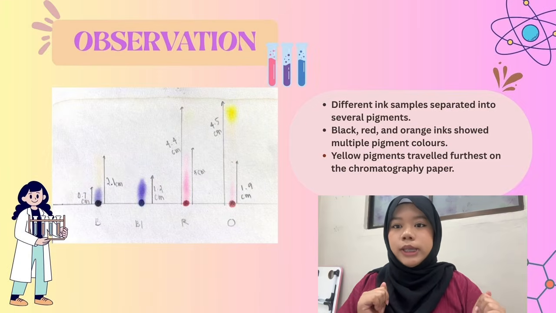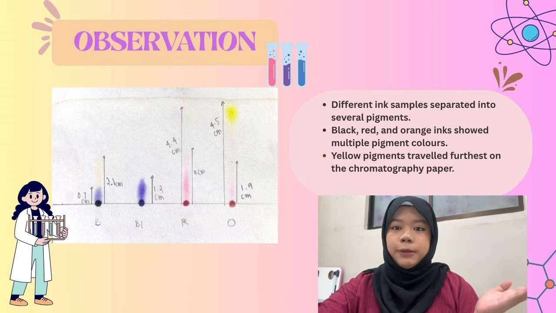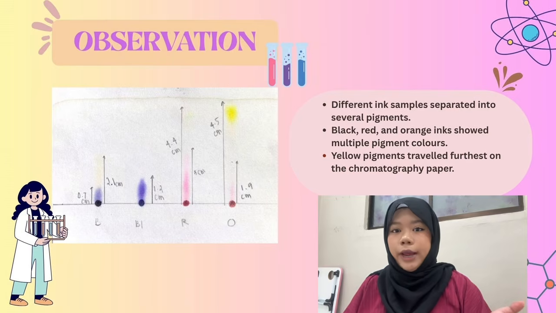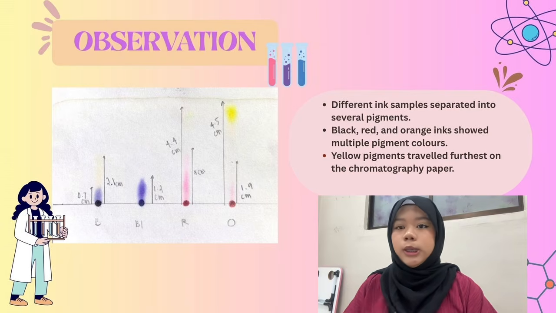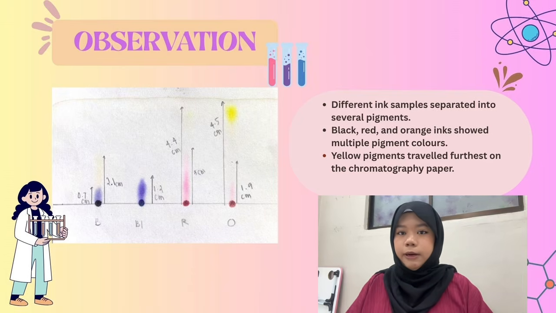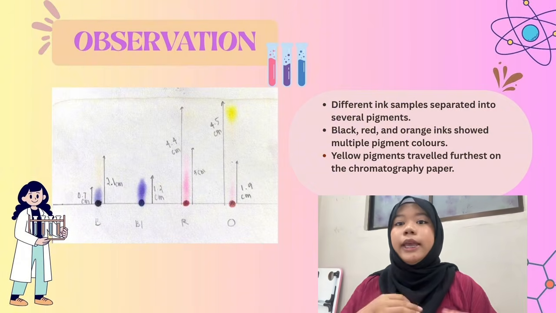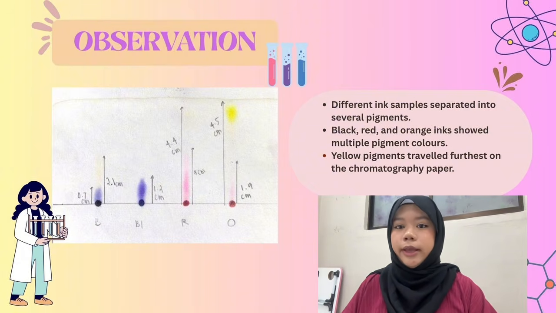Now let's dive into our observations from this experiment. This picture shows the chromatography result for black, blue, red and orange ballpoint pen inks using an acetone water solvent system. During the experiment, the solvent moved upward through the chromatography paper and carried the ink pigments along with it.